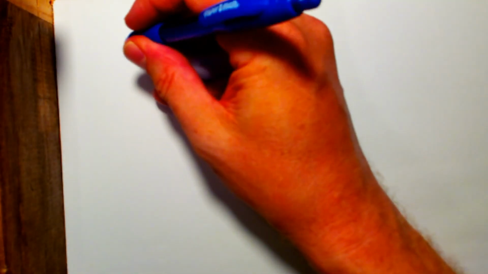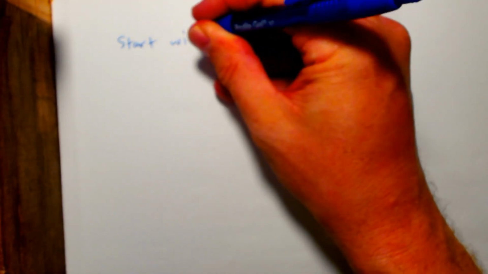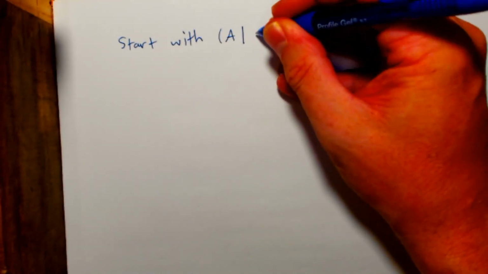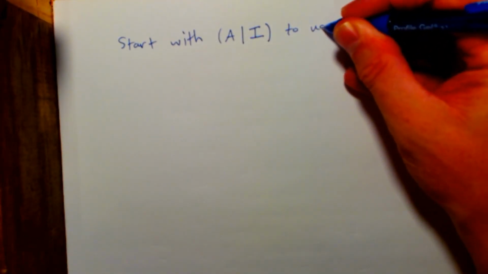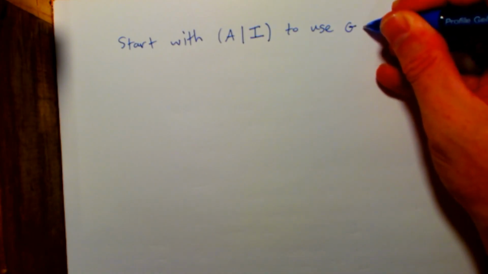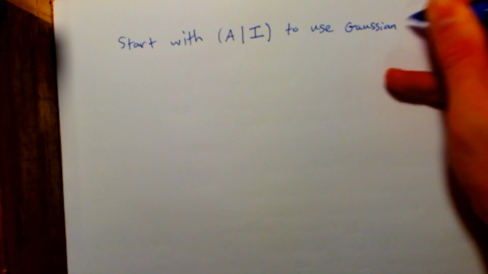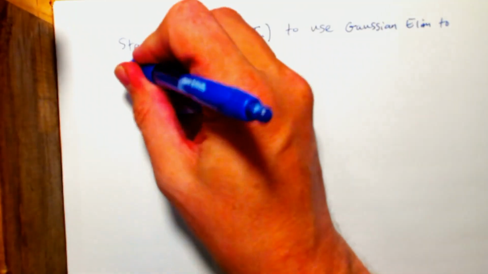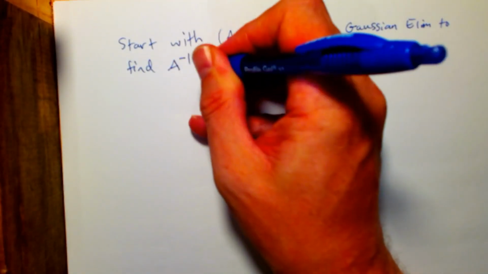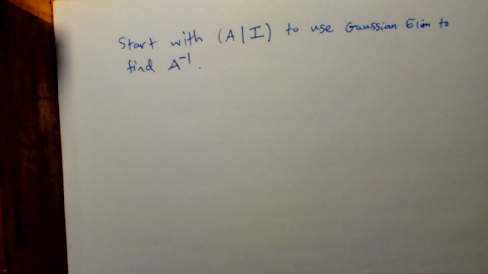Okay, so what we do is we start with, now this will be to use Gaussian elimination to find the inverse of a matrix A. So we would start with A concatenated with the identity matrix I to use Gaussian elimination to find A inverse.